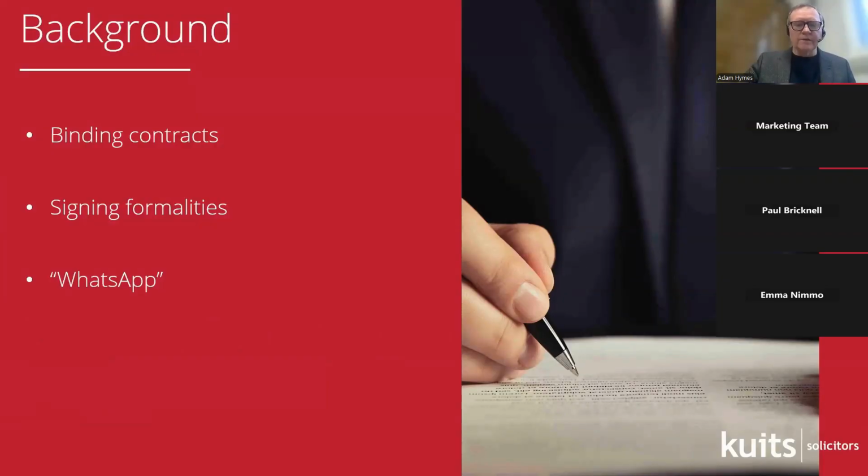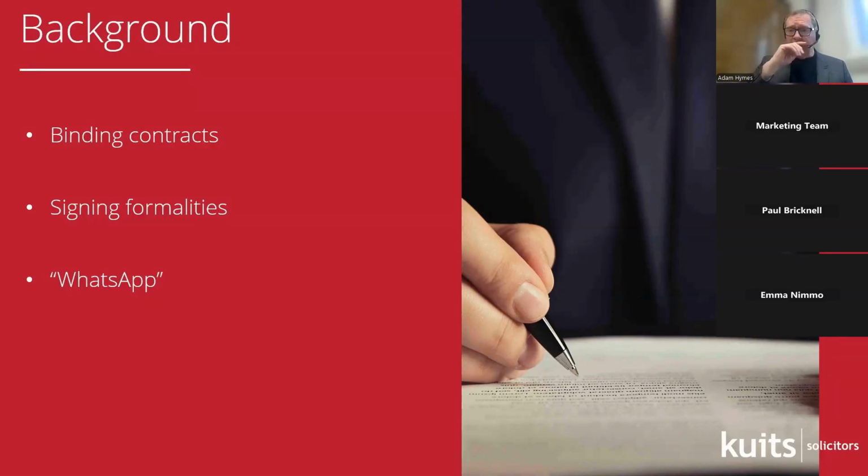We're going to consider what amount to binding contracts between parties, signing formalities in association with those binding contracts, and WhatsApp as a specific mode of modern communication that I'm sure we're all familiar with, and a very recent case I'm going to specifically mention, which turned on WhatsApp messages.